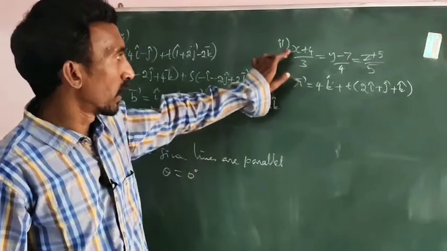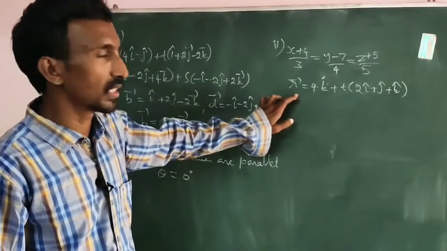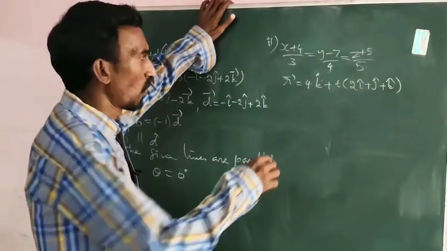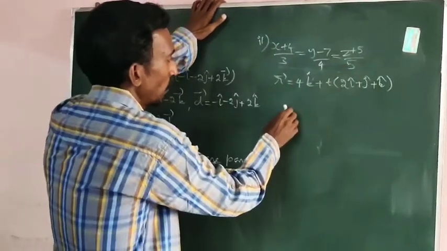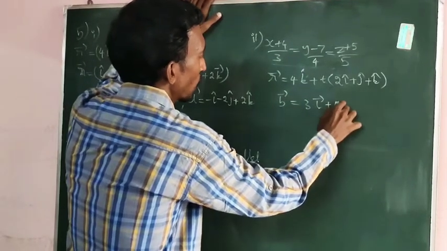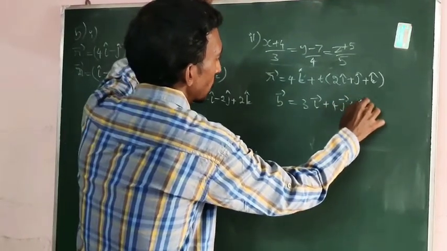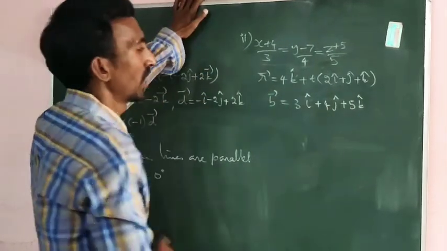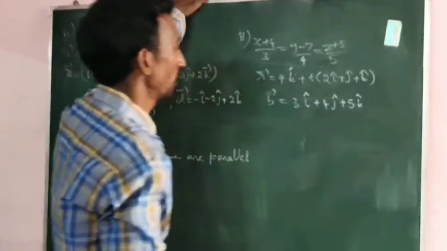Subdivision 2, one is in the Cartesian form, another one is in the vector form. Our aim is to find out the angle between the two. Don't worry, from the denominator we can observe the first line's b vector equal to 3i plus 4j plus 5k. Up to last year we were using only the arrow, not the cap.